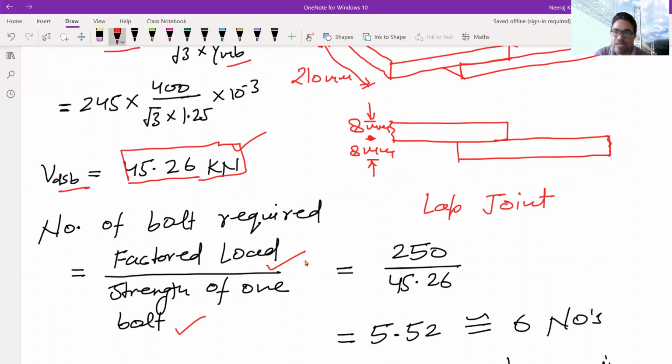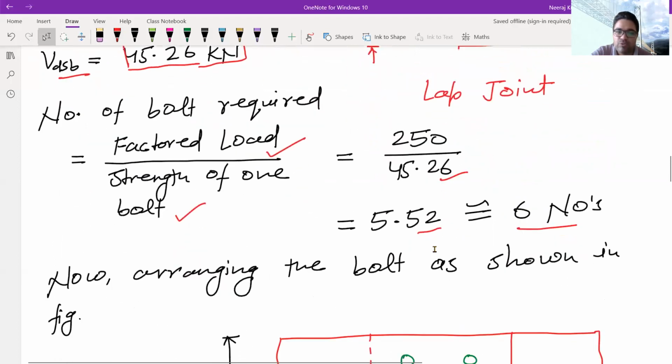We are not able to calculate the bearing strength for the time being, so we are assuming that this VDSB will be the strength of the bolt. Once we put this value here, we find the number of bolts is about 5.5, so we take 6 bolts in our joint.